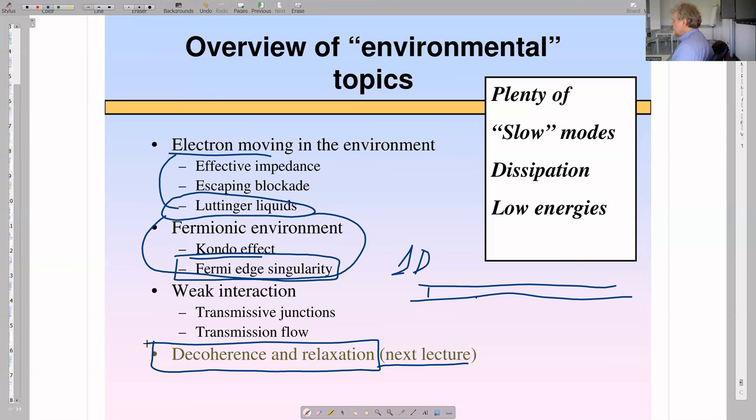High decoherence, high relaxation just kills quantum mechanics in all the phenomena we consider. In principle, I could start with this last lecture, but that would be rather boring. First, to talk about inhibiting mechanisms, and then about the whole beauty, the whole variety of effects in quantum transport. So I left it for the next lecture.